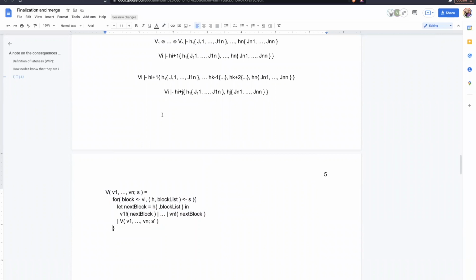Does that make sense? People following? Yes, yes. Okay, good. So because it's a rolling program, I can now give it a namespace logic type.